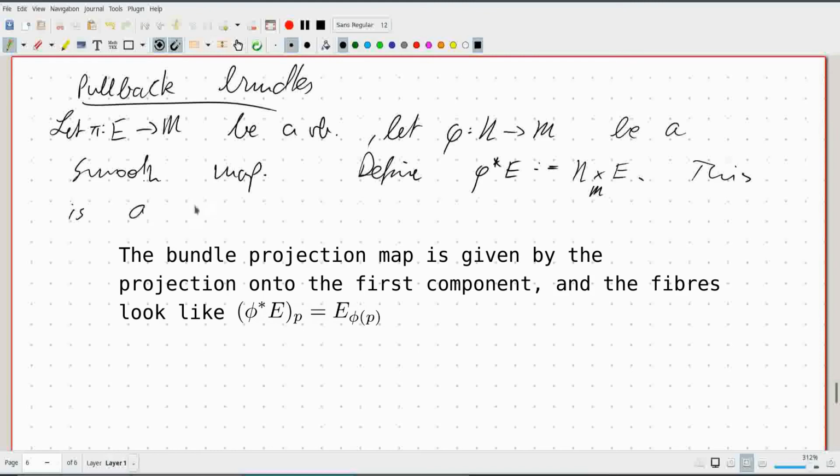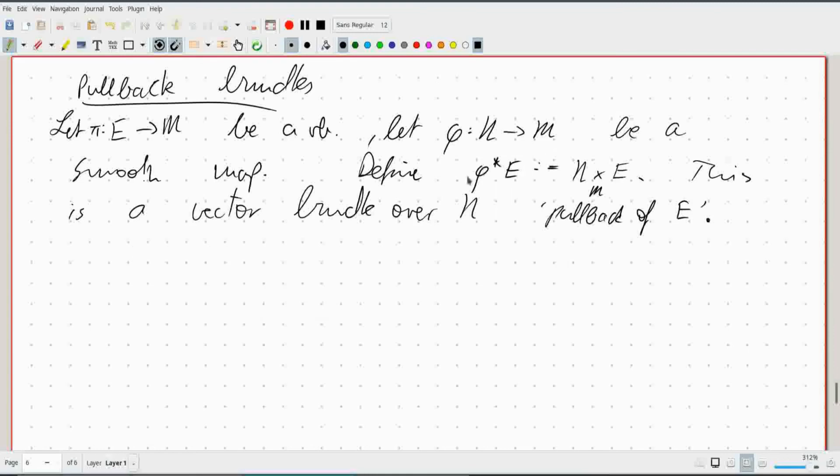This is a vector bundle over N, now called the pullback of E. And it is this construction that makes Vect really into a functor, because together with this pullback bundle we also have another construction.